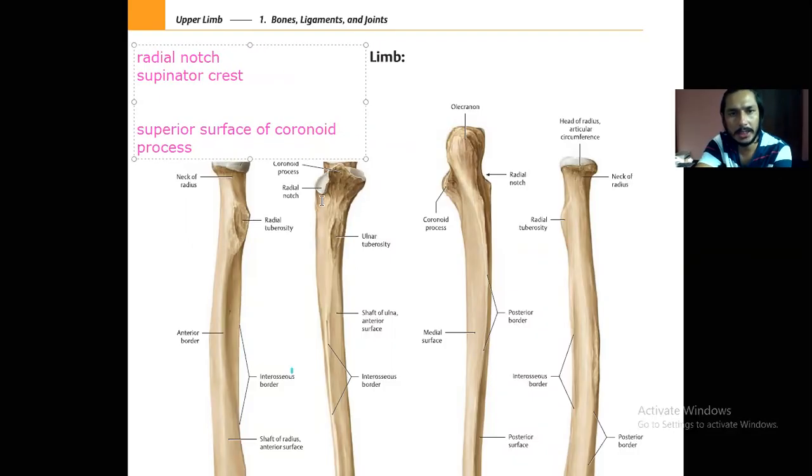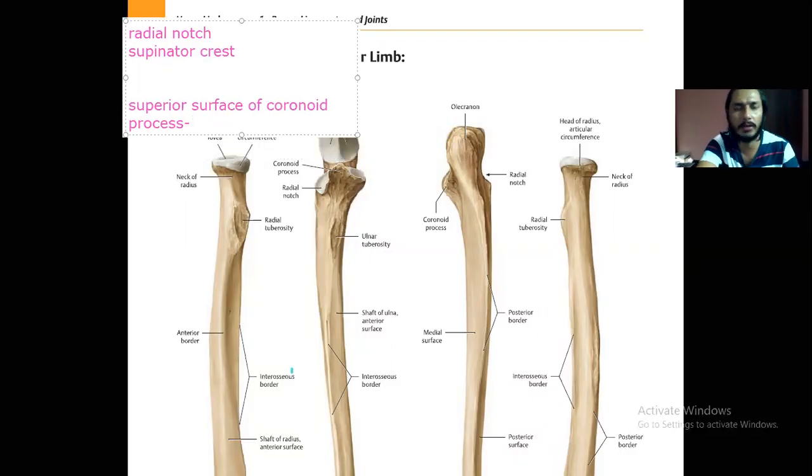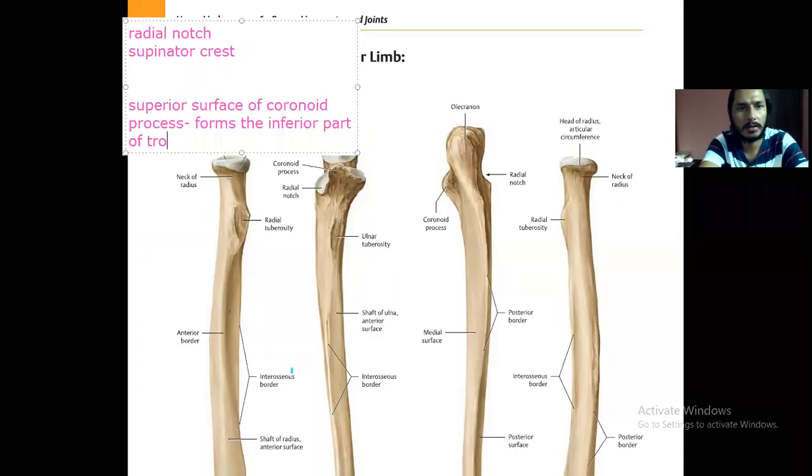In the lateral surface you will see the radial notch, the supinator crest, and the depression to accommodate the radial tuberosity. You will not find any special features on the medial side. Now see the superior surface. It is again an articular surface, and it forms the inferior part of the trochlear notch.